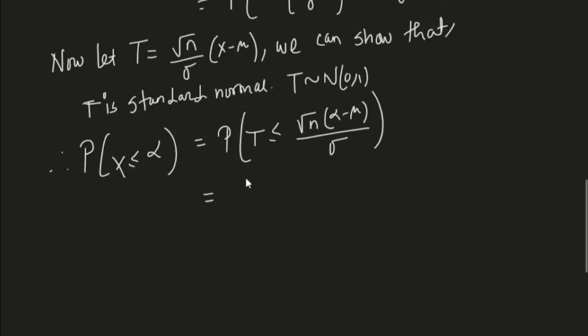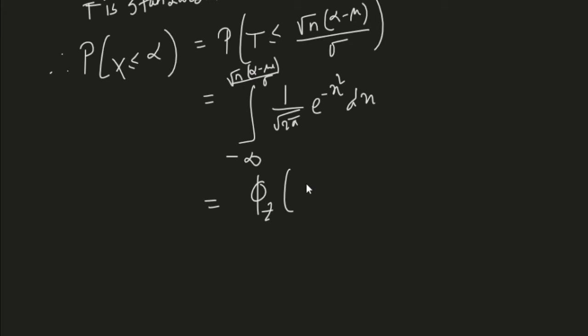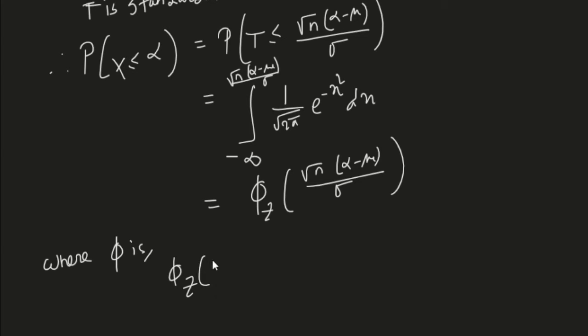And for the standard normal variable, the answer would just be the integral from minus infinity to root n of alpha minus mu by sigma of 1 by root 2 pi e to the power minus x square dx, or it can also be written as phi of root n into alpha minus mu by sigma, where this phi represents the standard normal CDF, where phi is this, right?